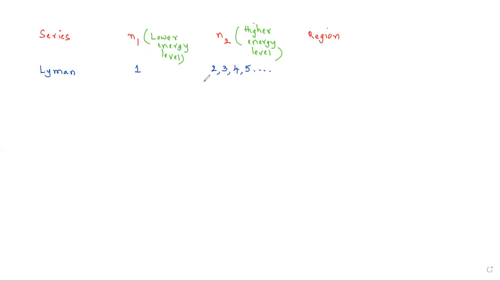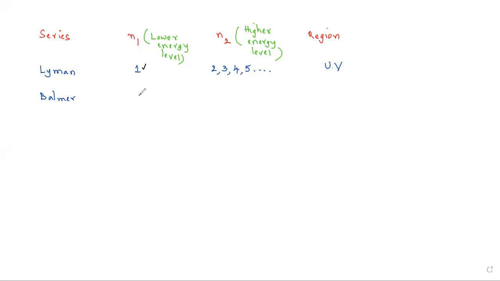So from any higher energy level, if the electron gets de-excited to the first orbit, the spectral line formed belongs to the Lyman series. And the region in which the spectral lines in the Lyman series are observed is the UV region, right?